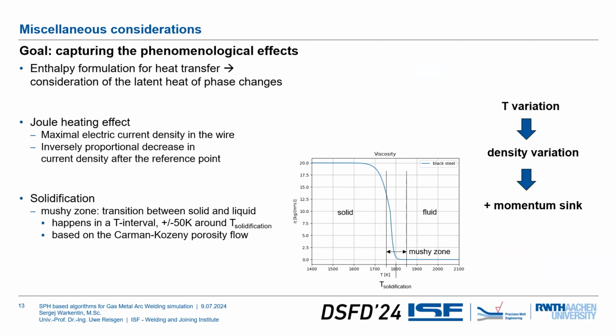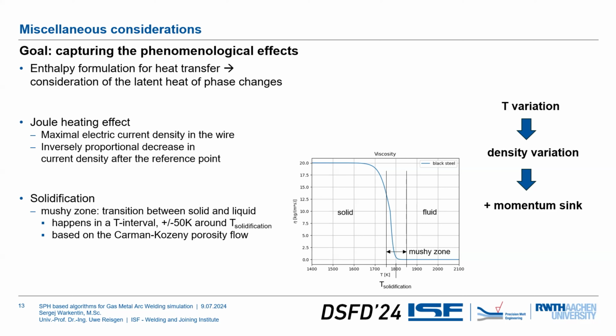And the main aspect is the temperature variation, because with that we come to a density variation. One example for that is the Joule heating effect. We introduce it as an additional heat source in the material, where the temperature then is raised. And for the solidification, I want just shortly to introduce to you the mushy zone.